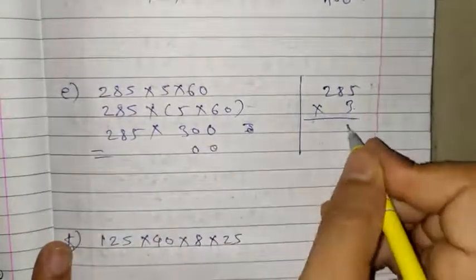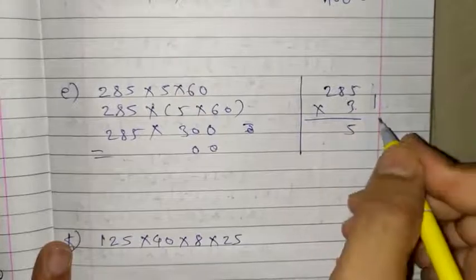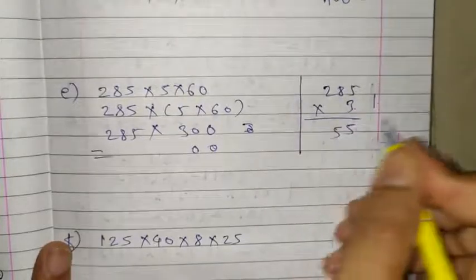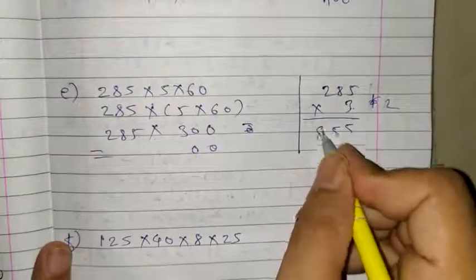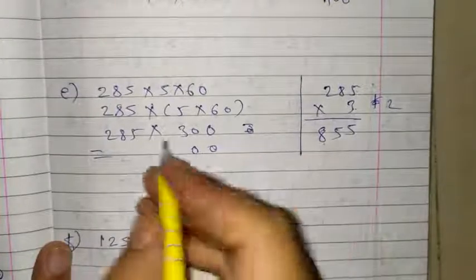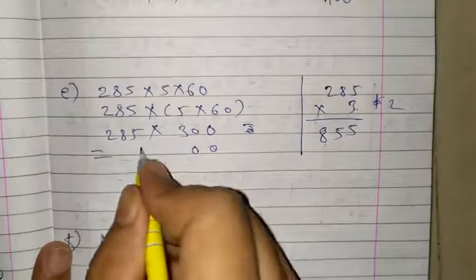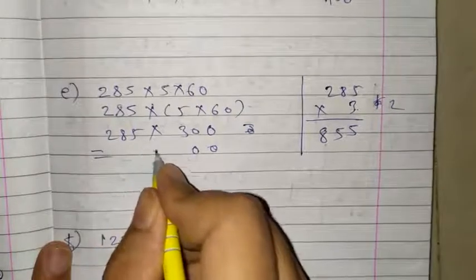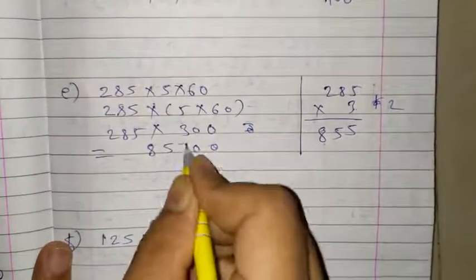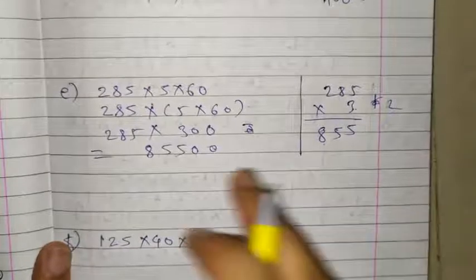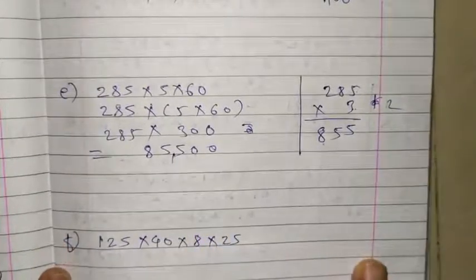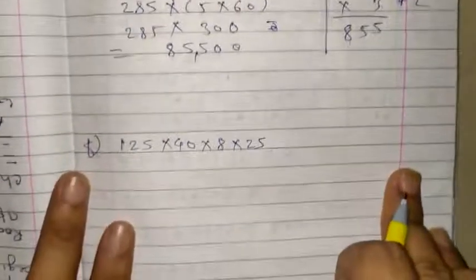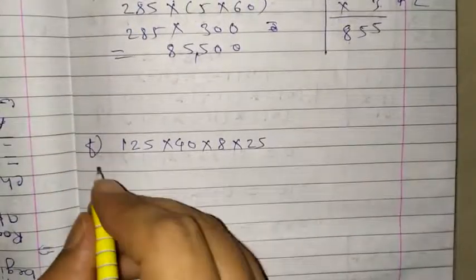So 3 into 5 is 15. 3 into 8 is 24 plus 1 is 25. So 3 into 2 is 6, 6 plus 2 is 8. So here you write 855. So this is our answer. So our answer is 85,500.